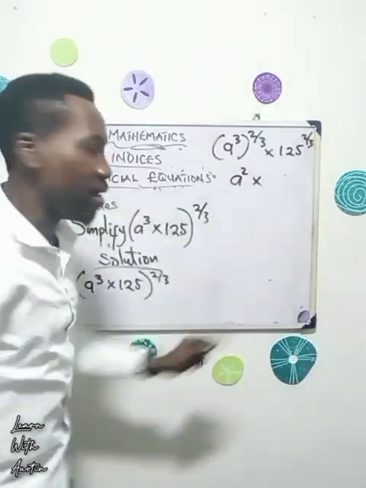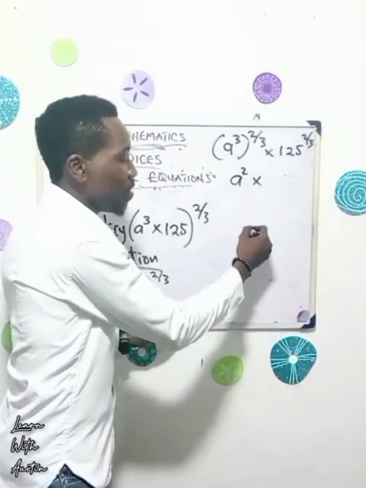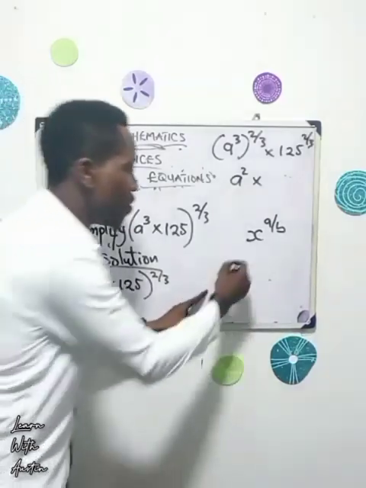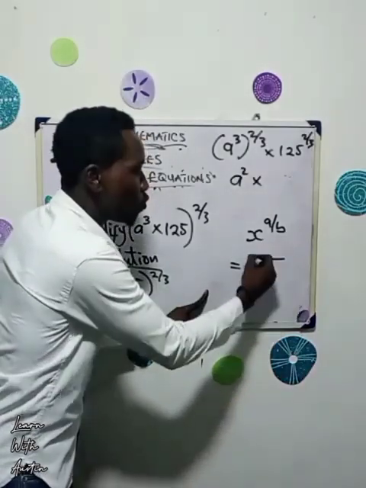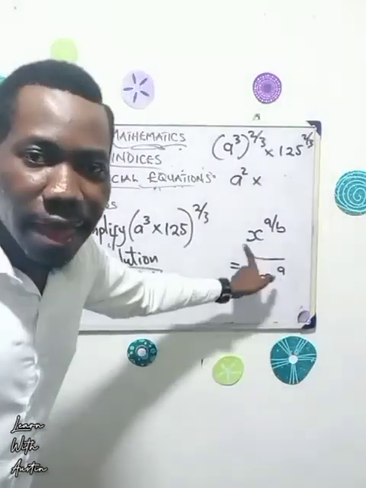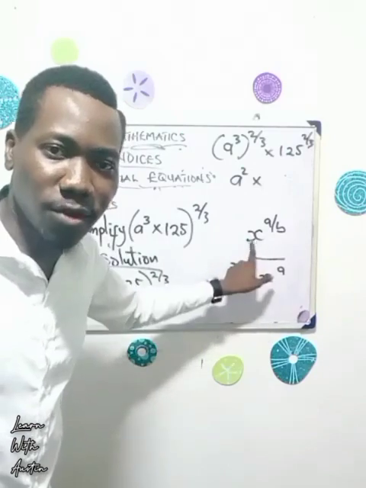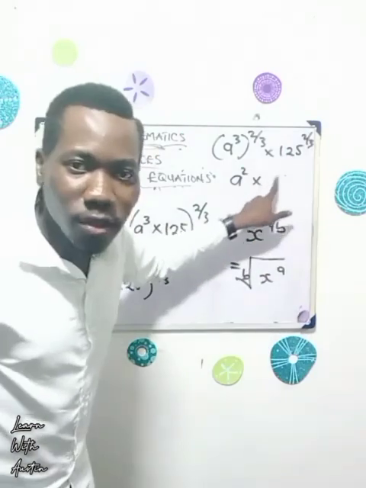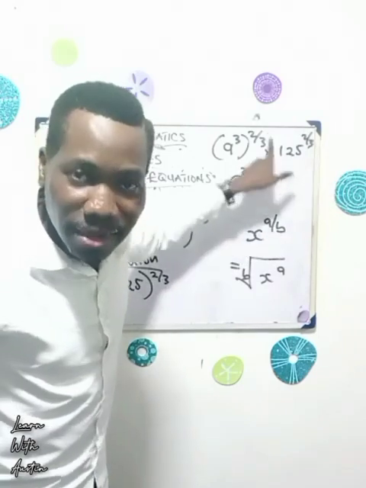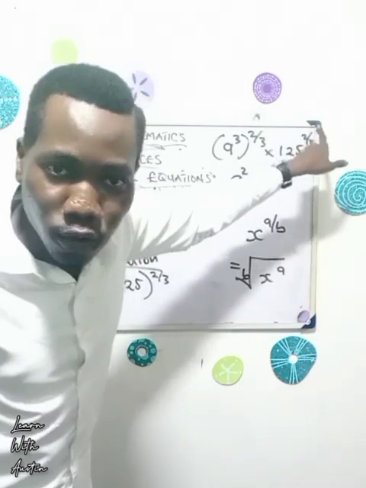Remember the fraction index rule: x raised to power a over b is the same as the bth root of x raised to power a. So 125 raised to power 2 over 3 is the cube root of 125 raised to power 2.